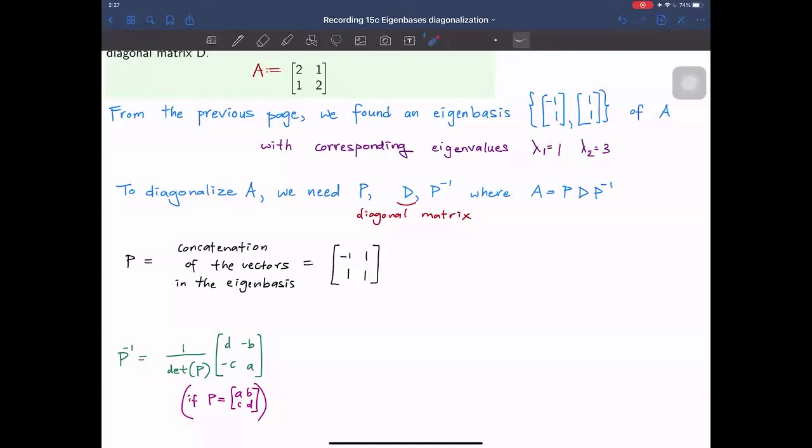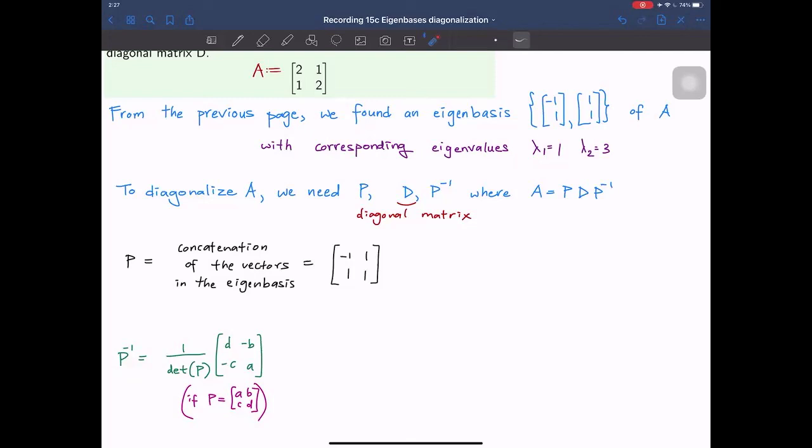To compute the inverse of P, we can either do the algorithm where we row reduce, or for the 2 by 2 case, there is an easy formula for finding the inverse of the matrix.